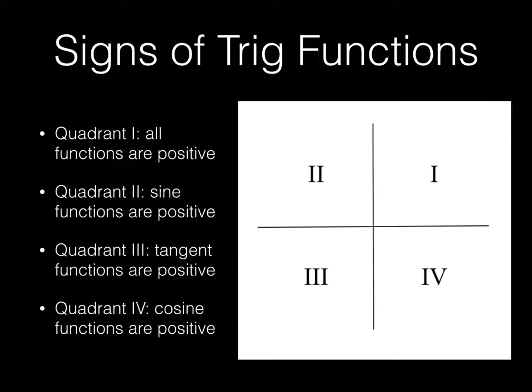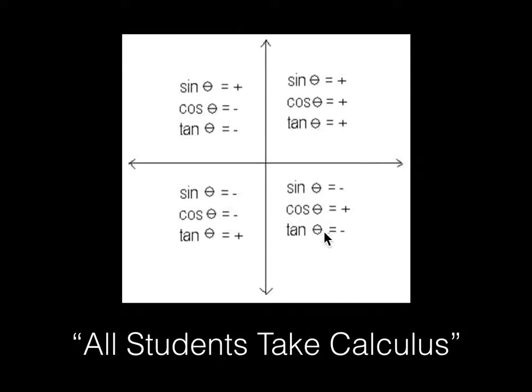It's very self-explanatory. But if you need a little help to remember this, you can also use All Students Take Calculus. So in the first quadrant up here, this is A, everything is positive. In the second quadrant, this is S. So only sine is positive because it's above the x-axis. It's a positive y value and a negative x value.